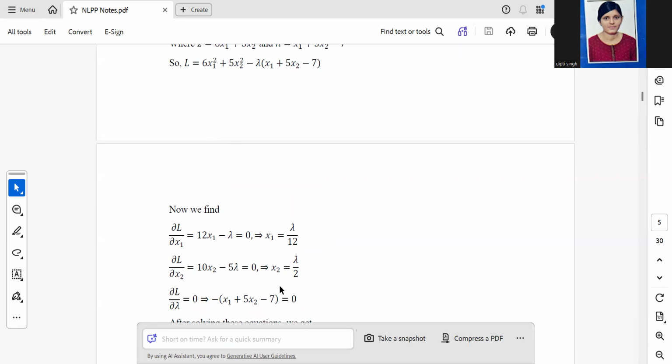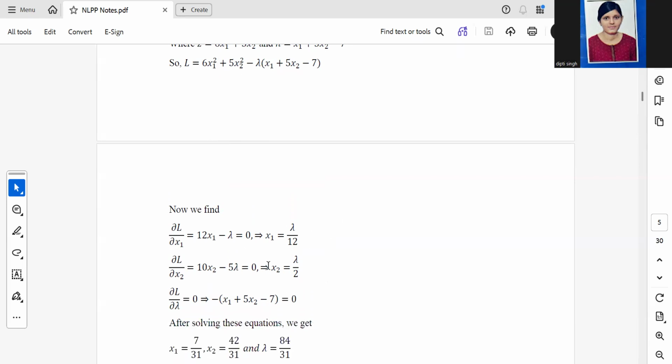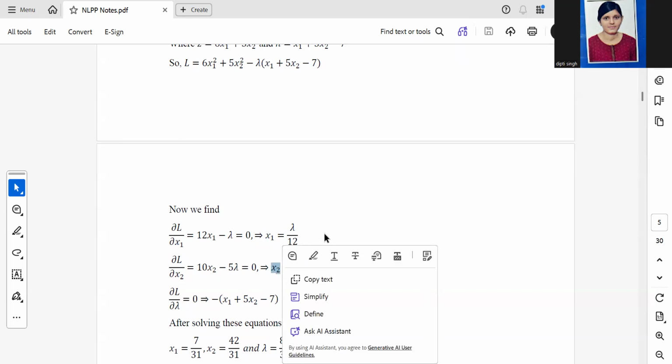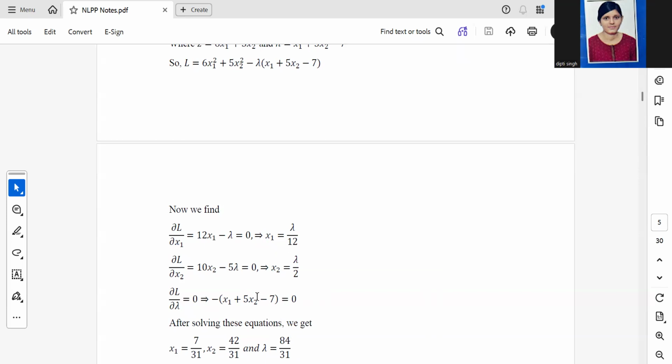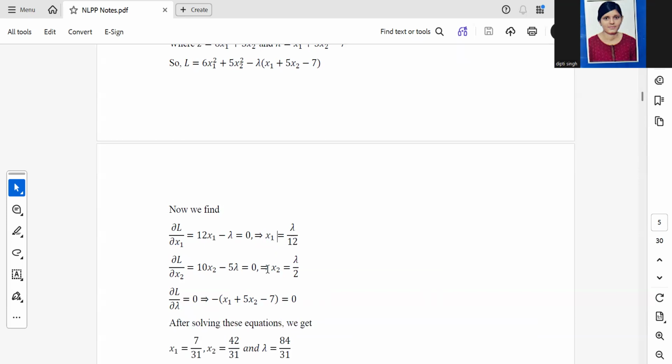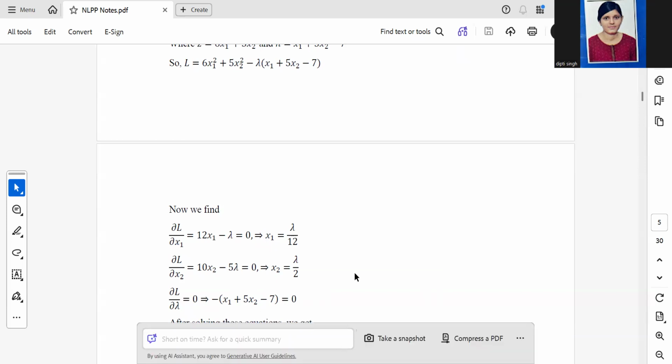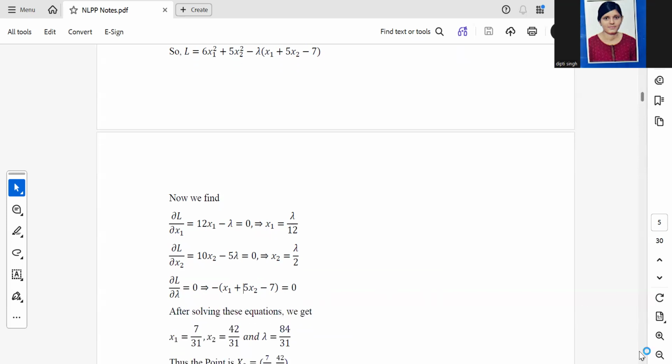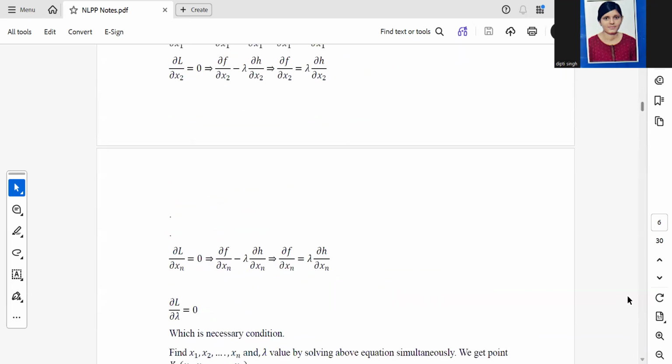From these equations, we need to calculate the values of x1, x2 and lambda. From the first one, we can calculate the value of x1 in terms of lambda. Also from the second one, we calculate the value of x2 in terms of lambda. Now we put the values of x1 and x2 in this equation.